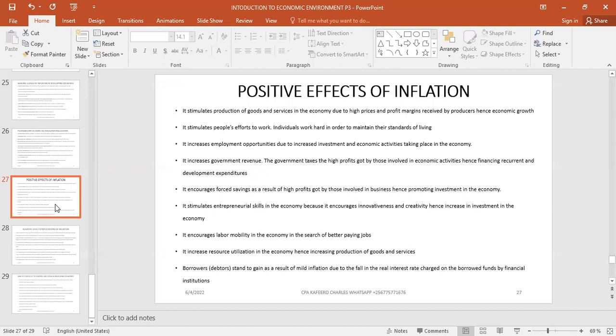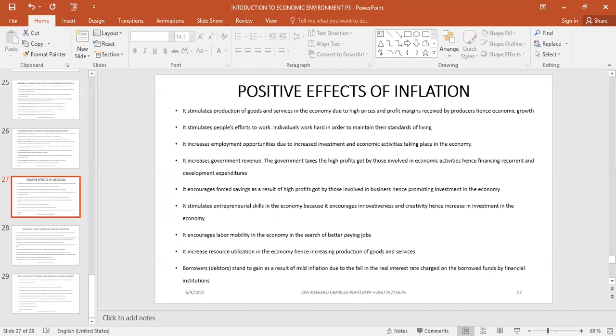These are some of the reasons why mild inflation is good. But we say hyperinflation or the runaway state of inflation is bad. So for the positive effects, we are giving mild inflation. It stimulates production of goods and services in the economy due to high prices and profit margins.